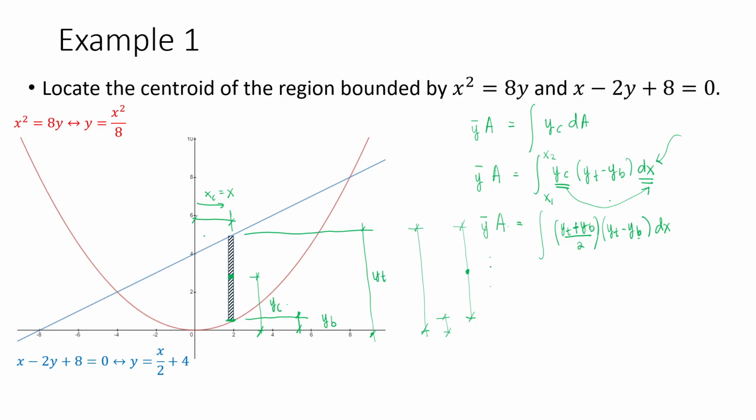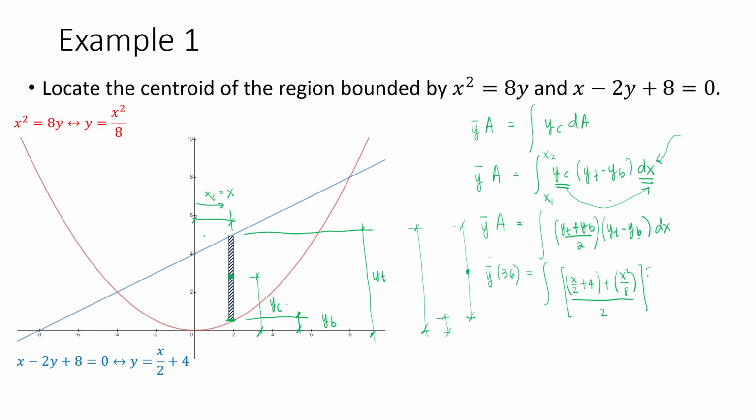Going back to the discussion, bar y, and our area coming from the previous solution is 36. So this is now a complicated formula. For y top, you're going to have x over 2 plus 4, plus x squared over 8, then divided by 2.